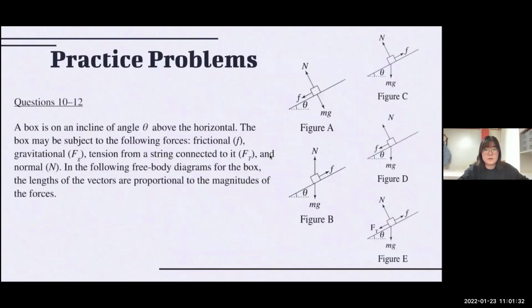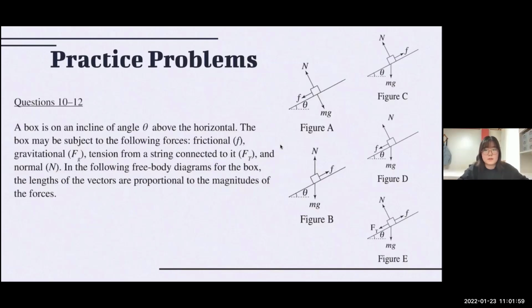To sum up what we learned, let's try to solve some practice problems together. This problem is from the AP Physics C Mechanics practice test. It says a box is on an incline at angle theta above the horizontal. The box may be subject to the following forces: frictional, gravitational, tension from a string connected to it, and normal.